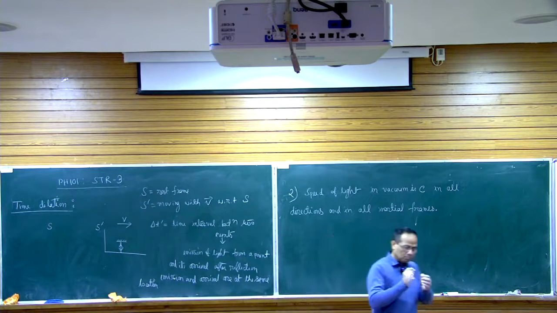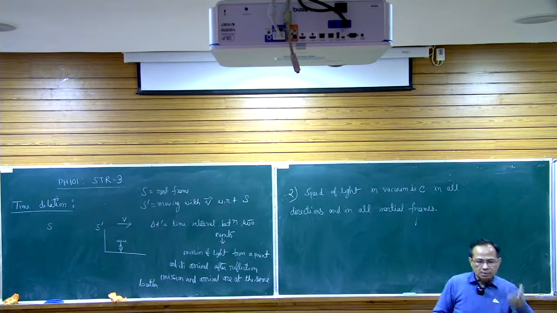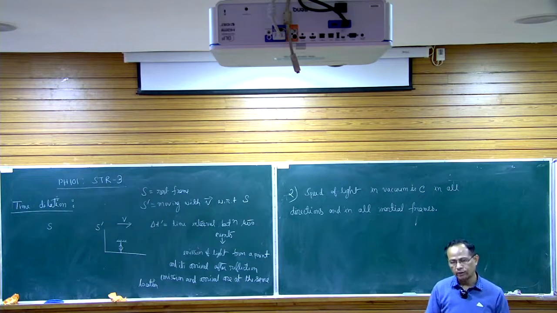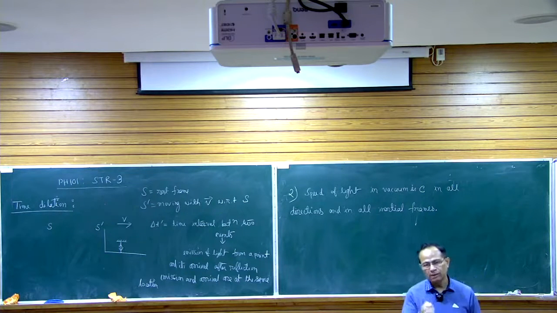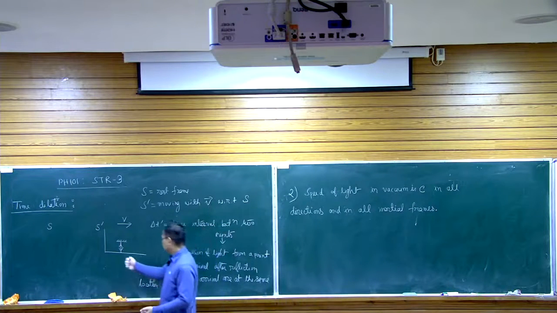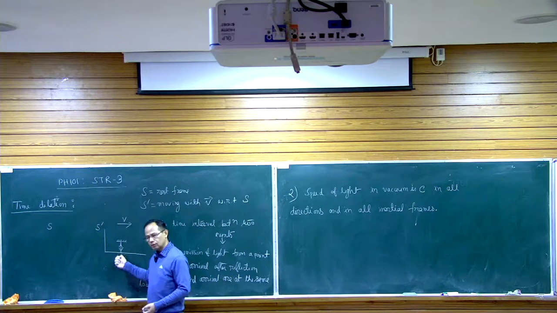So maybe you can just imagine that you have a laser pointer. So you have seen this small diode laser. Maybe the observer was holding a small diode laser and he was switching on that small diode laser by keeping it upwards at the floor.